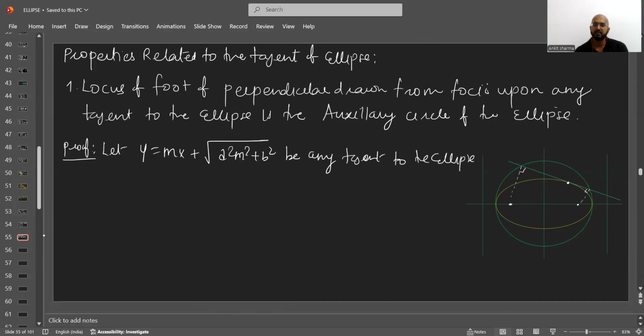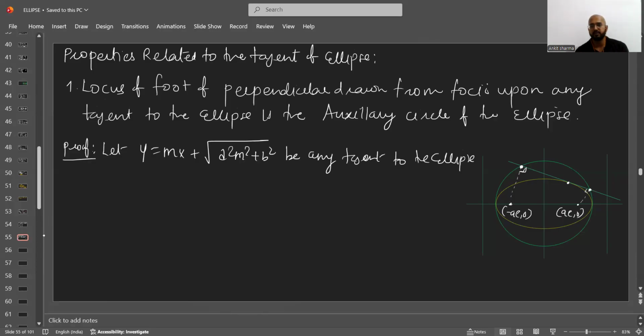Now there's the locus of the foot of perpendicular. That means we want this locus. So the locus of the foot of perpendicular drawn from the focus. This is my point (ae, 0), and this one is (-ae, 0).